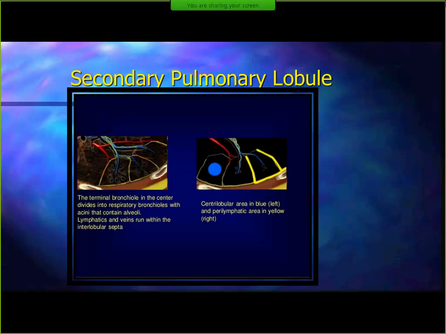It's surrounded by interstitium. Here in the middle is the terminal bronchiole, the artery, and the lymphatics. Then it divides into the acinus with the alveolar sacs. And around it, you see the interlobular septum with lymphatics, and then the vein.